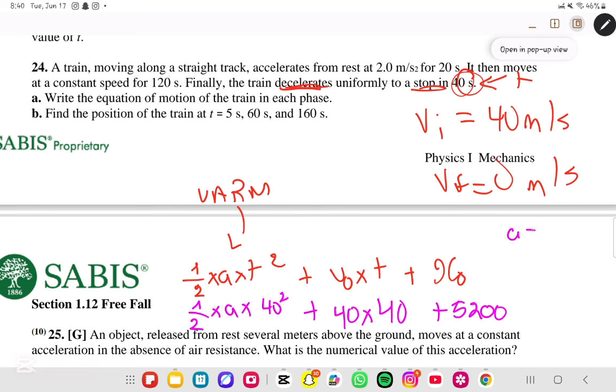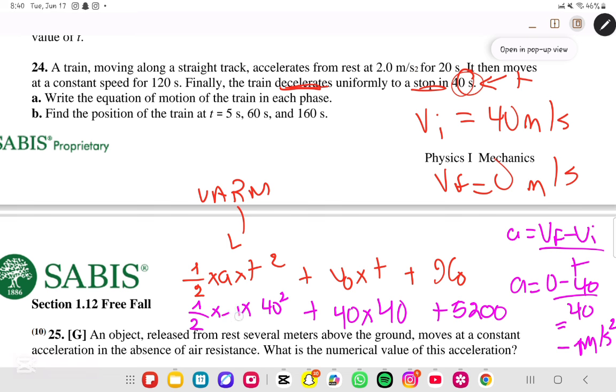How do we find the acceleration? You should know that there is an equation for the acceleration. It is v final minus v initial over the time. So acceleration is equal to v final, which is 0, minus v initial, which is 40, over the time, which is 40. So you will get minus 1 meter per second squared as the acceleration. So instead of a, you can put minus 1.